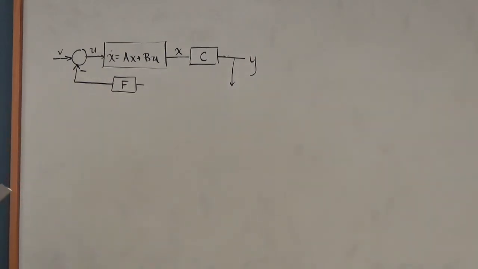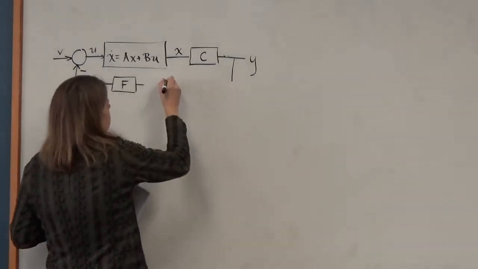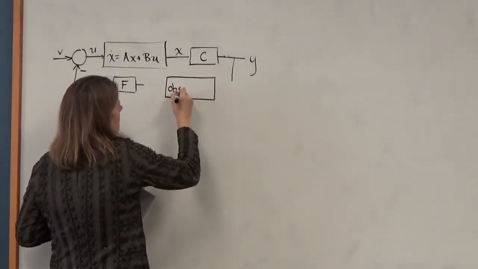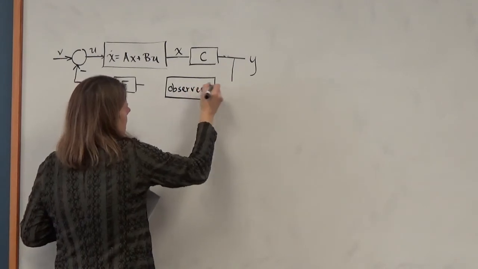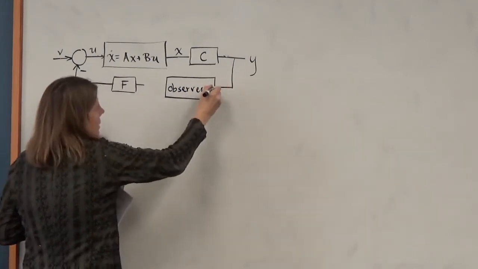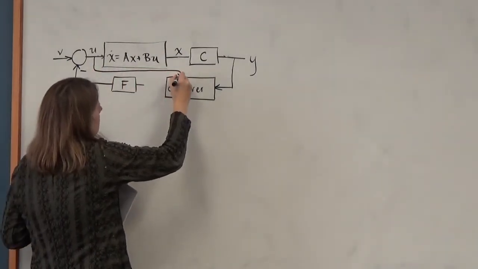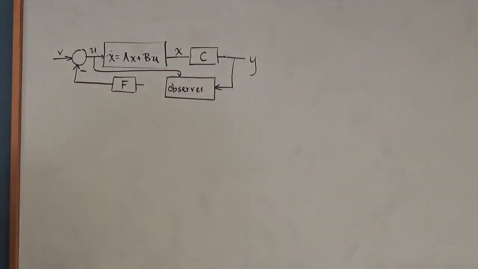Okay, so the state vector is often inaccessible, and what we'd like to do is come up with a device we'll call an observer, which takes the output. It also takes the input. Remember, for observability, the knowledge of the input and the output is important.